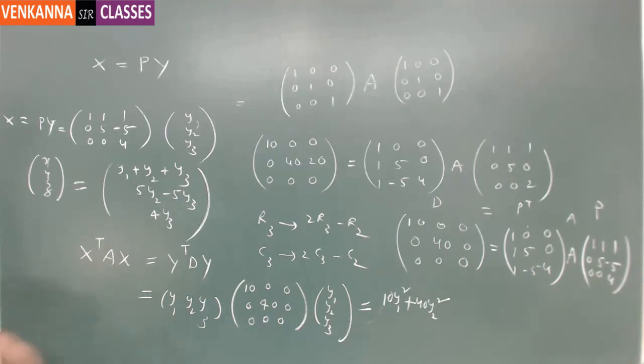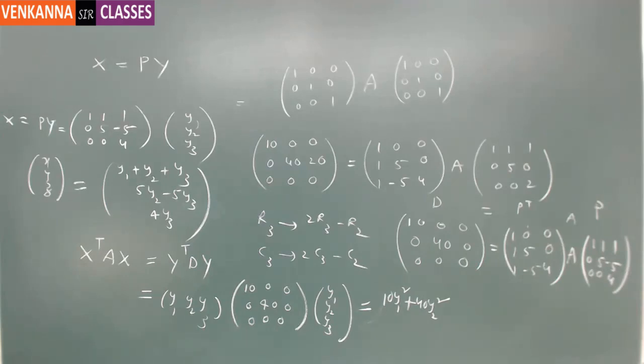Now, from this, you can observe that from the diagonal matrix, what are the eigenvalues? 10, 40, and 0. Since 0 is present as an eigenvalue, the given quadratic form is positive semi-definite.